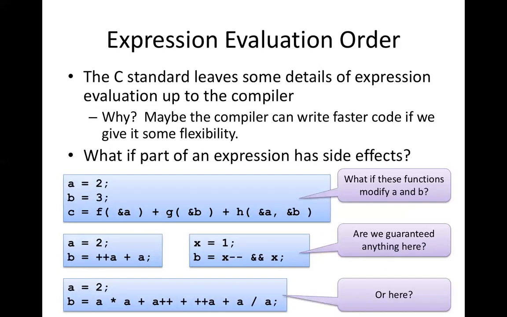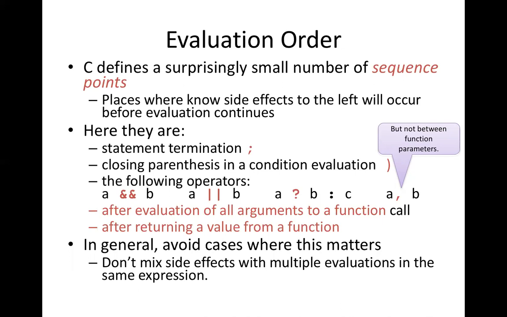And like I said on the previous slide, the C specification gives the compiler a lot of opportunities to write code for an expression the way it wants, which means really there are few sequence points in the language. And I've listed them here.